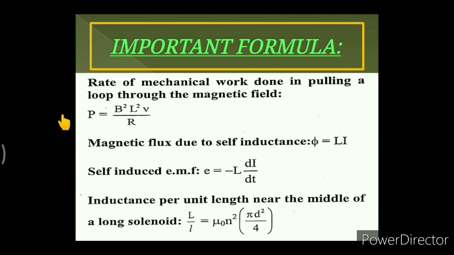And here we come to know that the magnetic flux linked with the circuit or coil itself, phi, is directly proportional to the current in it, that is I. So phi is equal to LI, where this L is the constant of proportionality and is termed self-inductance or coefficient of self-induction of the coil.